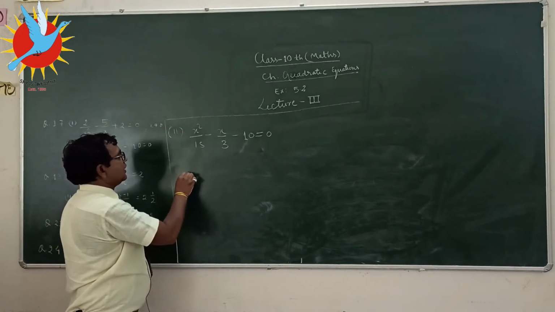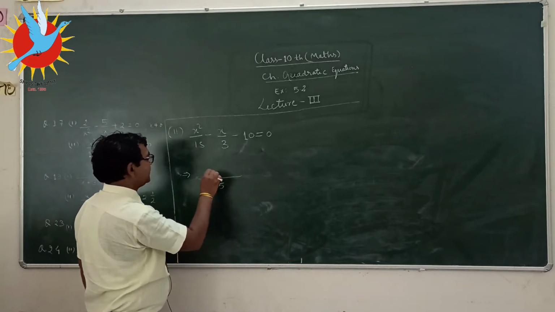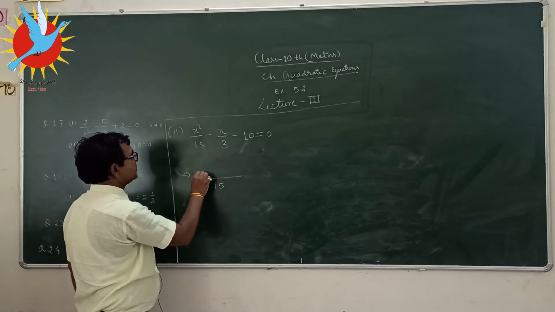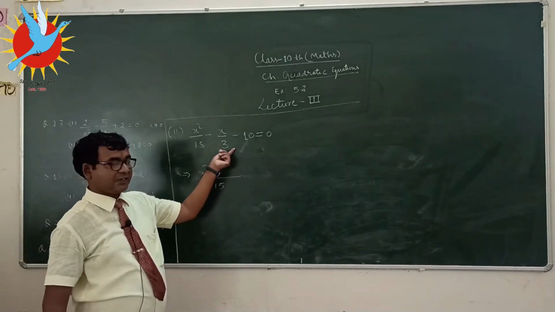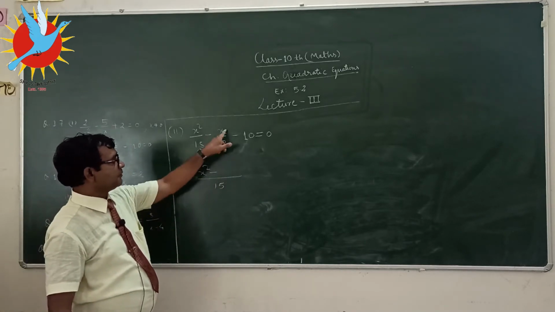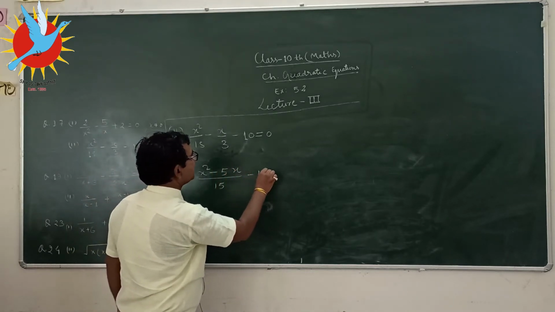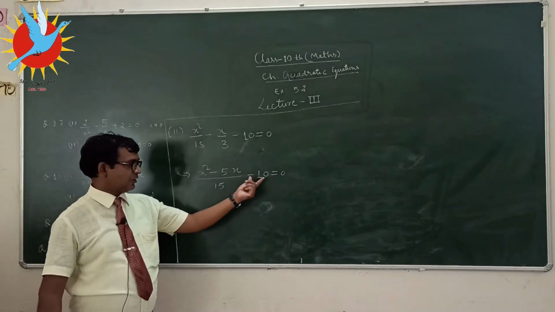Now LCM of 15 and 3 will be equal to 15, and if you divide this by this, you have 1 multiplied to this, it becomes x square, and divide 15 by 3, we have 3 fives are 15 and 5 multiplied to x, here we have 5x minus 10 equal to 0. Now solve this.